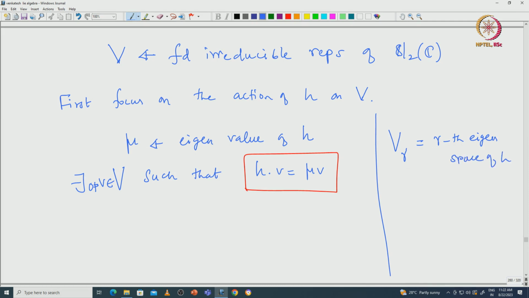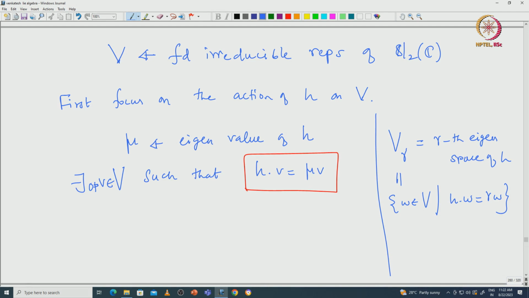So, what is the meaning of that? These are those vectors w in capital V such that h acts on w by gamma w. We are not saying that this V_gamma must be non-zero. This is a well-defined space, it could be 0.